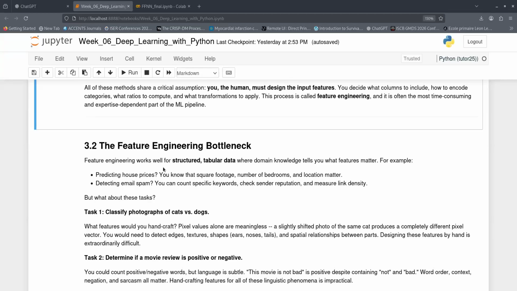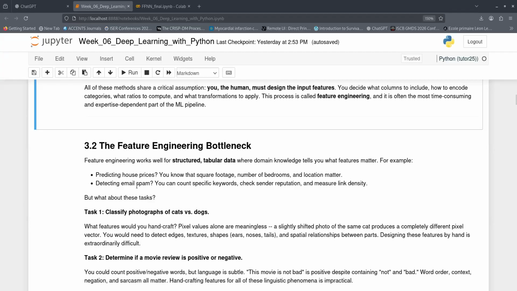For instance, you want to predict house prices. You know that square footage, maybe the number of bedrooms, and location matter. So this will help you predict house prices. This is structured, tabular data.